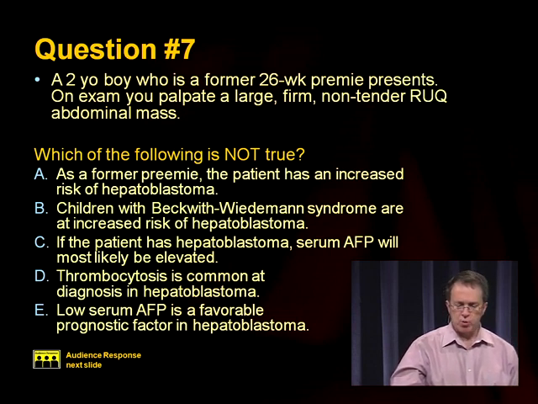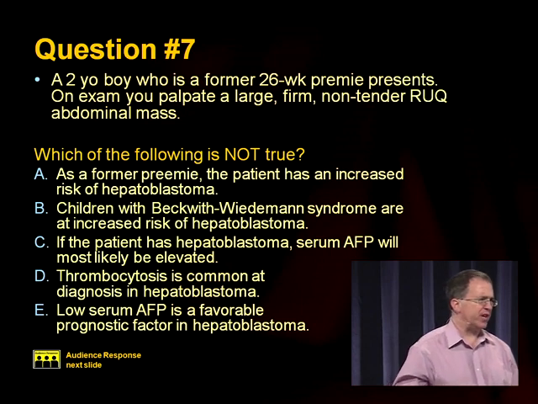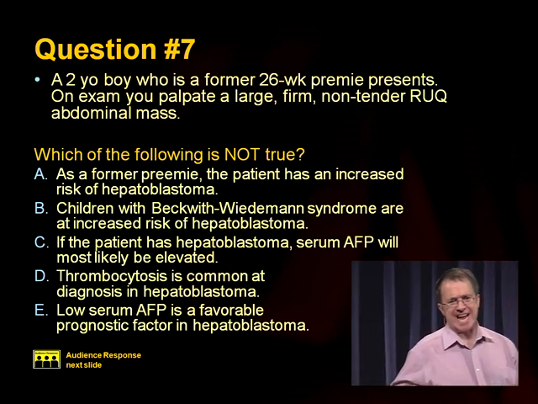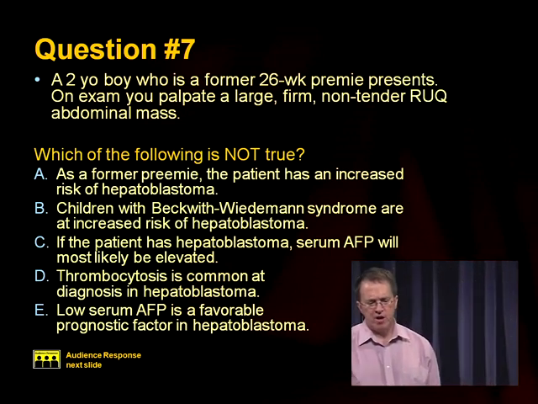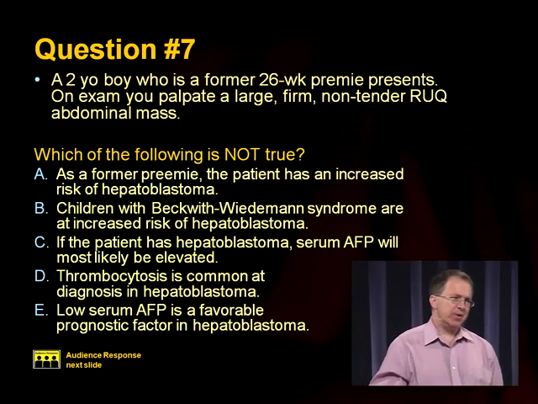We're just going to do this question together. As a former preemie, the patient has an increased risk of hepatoblastoma. Absolutely, positively, yes. A 26-week preemie or a child under 1500 grams has somewhere between a 10 and 100-fold risk of hepatoblastoma. And you may say, why the heck do I care about hepatoblastoma?